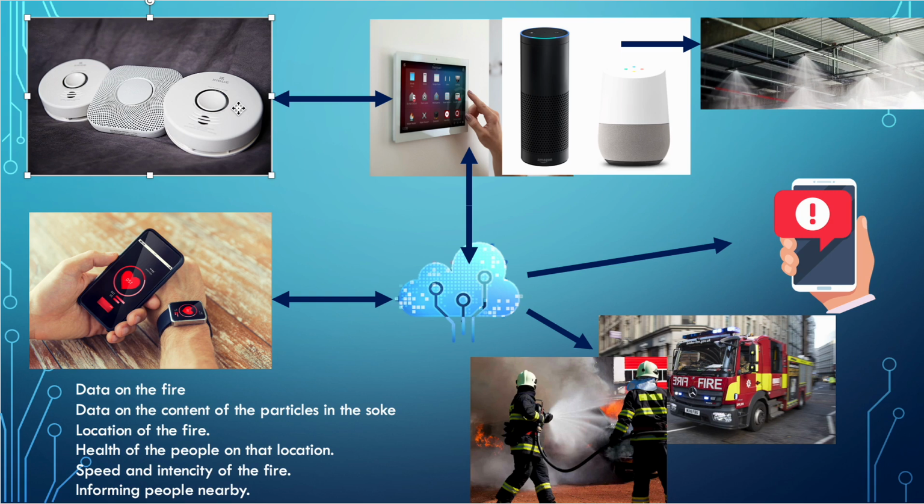If it is a small fire located in a single floor or a single area of a floor, the IoT systems can collect the data from the smoke detectors to find where the location is and activate the fire suppression system at that particular location only first, to see if the fire can be stopped.